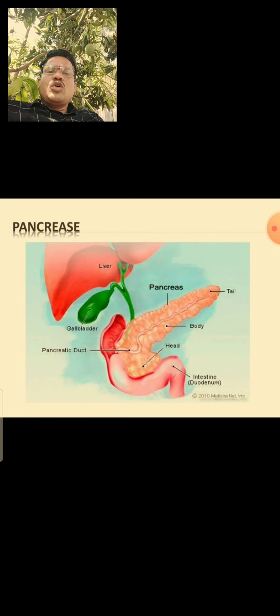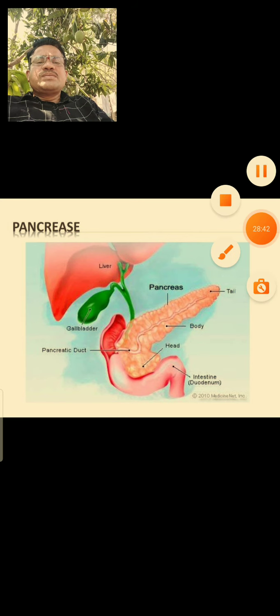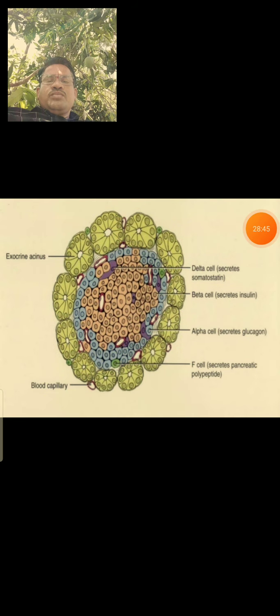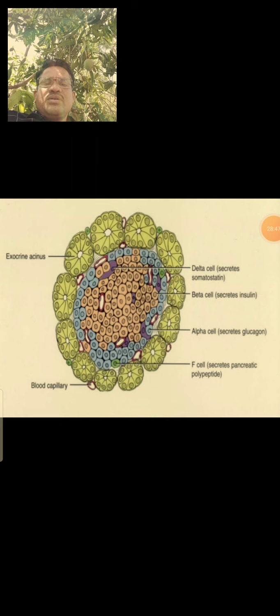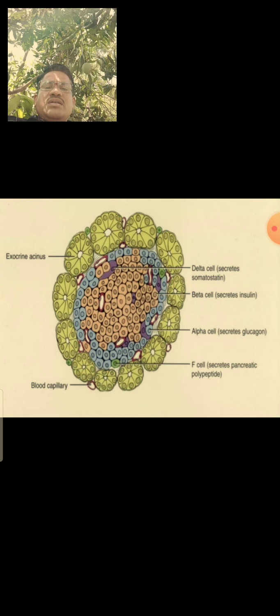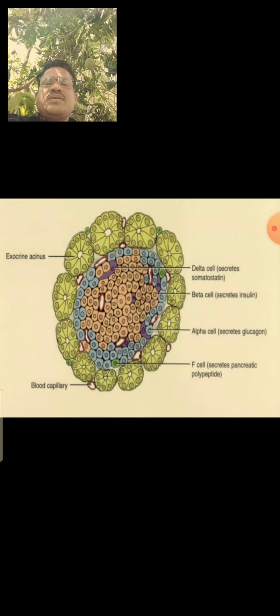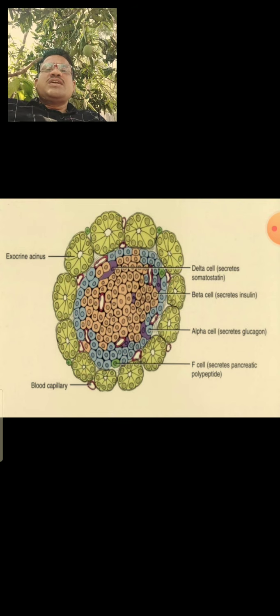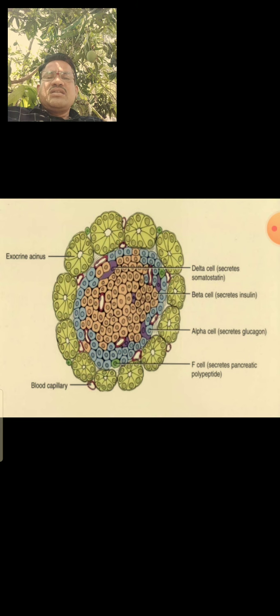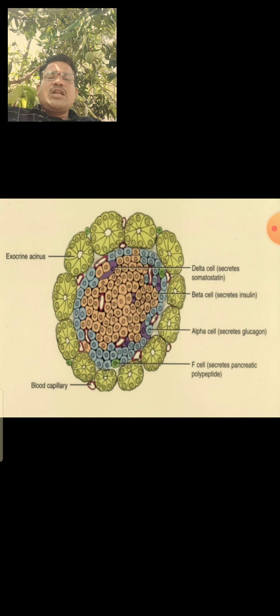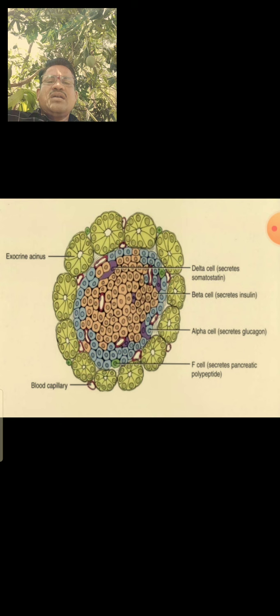Next one, the heterocrine gland or mixed gland, pancreas. Now this picture resembles the pancreas. Here different types of cells are there. Two regions are there. The outside region, the light greenish part, is the exocrine part, and the center part, bluish and orange colored cells, is the endocrine part, and white parts are blood capillaries.